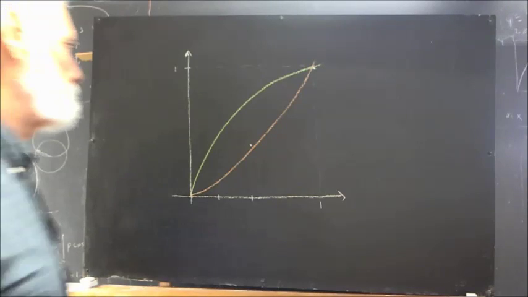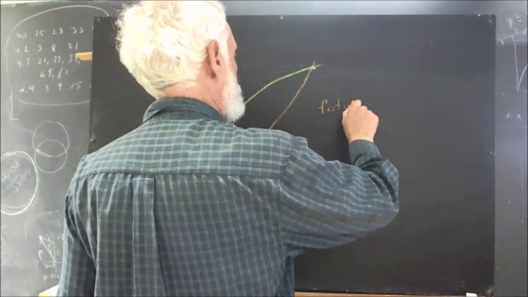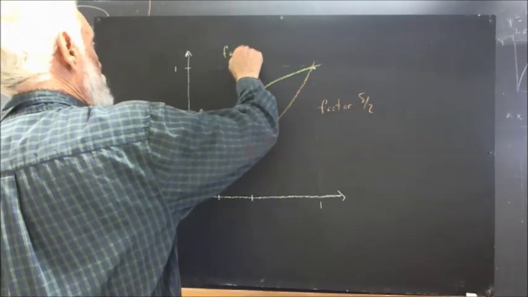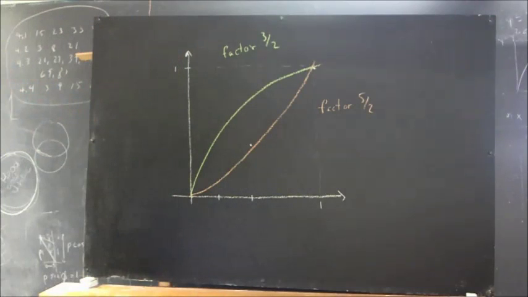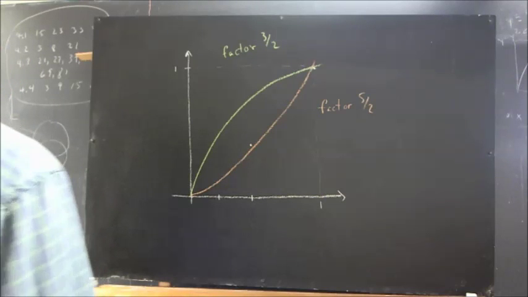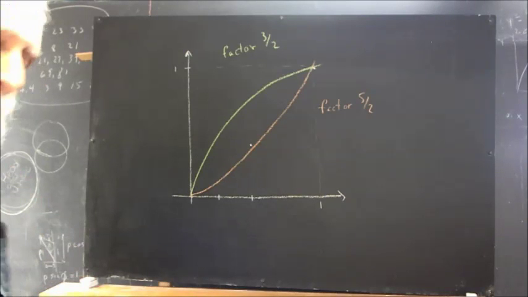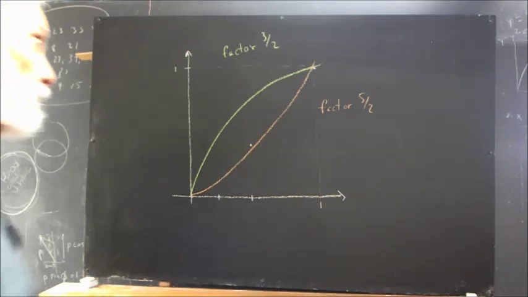Okay, so this is a graph for factor 5 halves. This is a graph for factor 3 halves. Now we're asked to do a number of things. We're asked to estimate f of 1/4, f of 1/2, f of 3/4 for the graph of the, okay, looking for the wrong color.